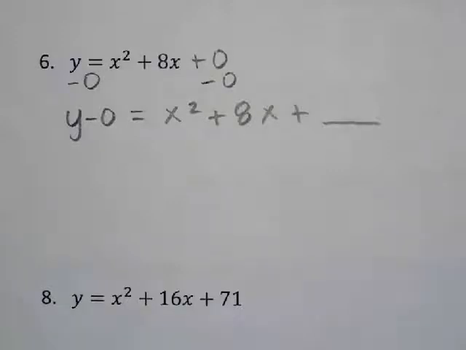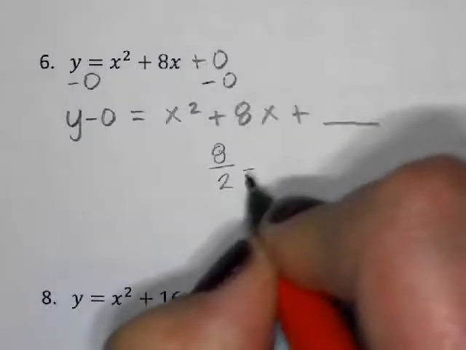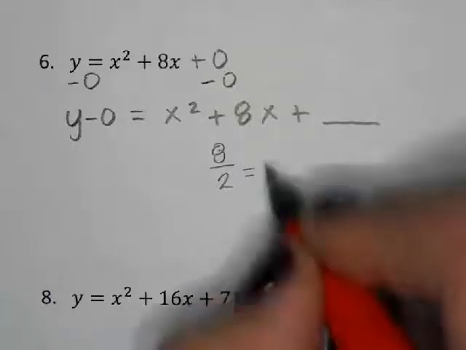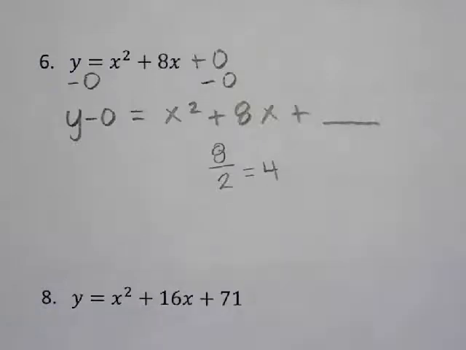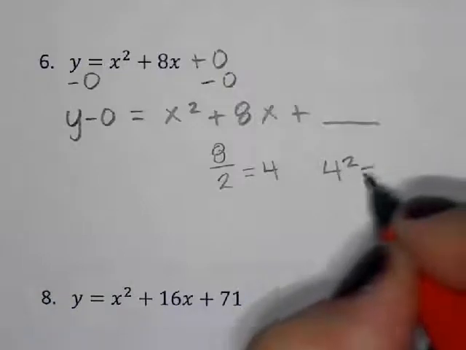Okay, take the 8, divide it by 2. What do we get? 4. And then what do we do with the 4? Square it. 4 squared is 16.